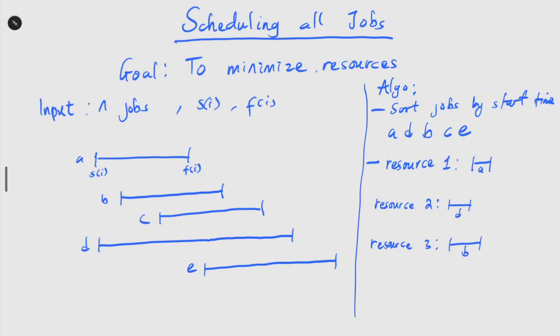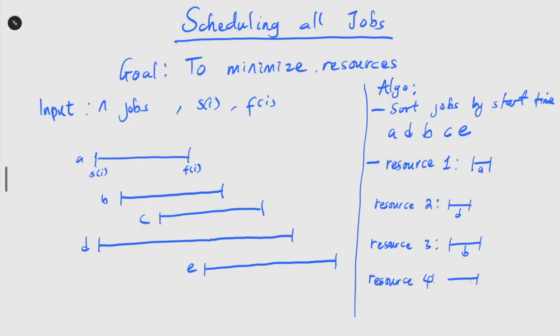Now let's check job C. Does job C overlap with job A? The answer is yes, it does. Does it overlap with job D? Yes, it does. Does it overlap with job B? Yes, it does. So we allocate it to another resource.